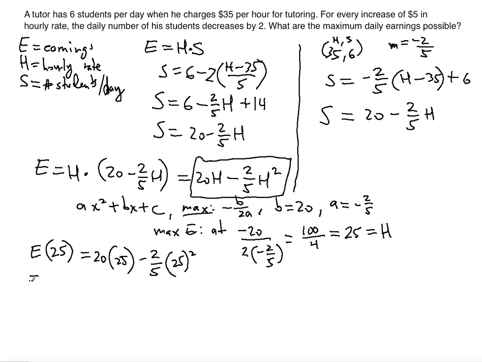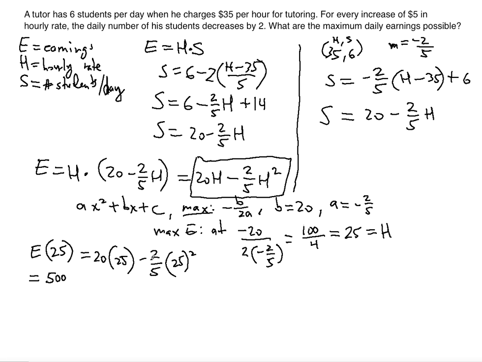And that's going to be, let's see, 20 times 25 is going to be 500, I believe. And then, well, let's have 25 times 25 here. 25 divided by 5 is 5. So 5 times 25 is 125, right? So I'm just splitting up this 25 in my head, dividing one of the 25s by 5. I get 5, and then it multiplies the other 25 that was part of the square, right?